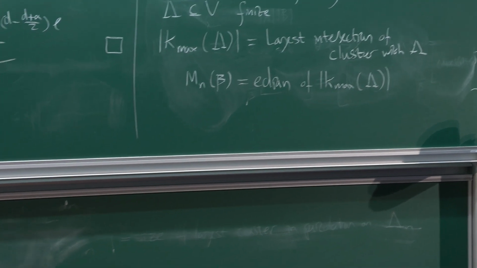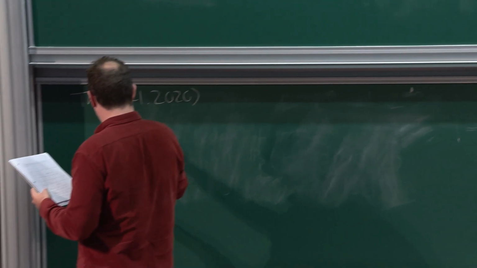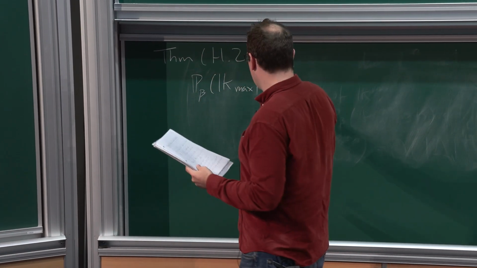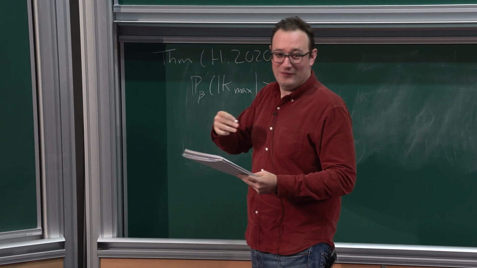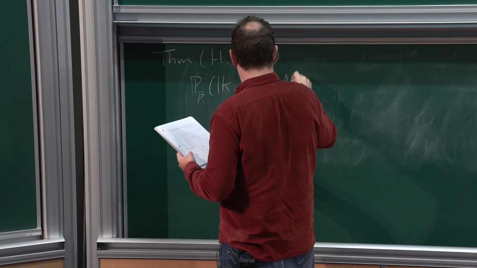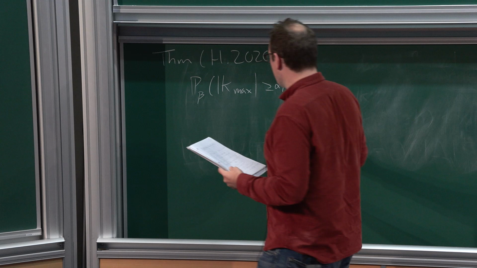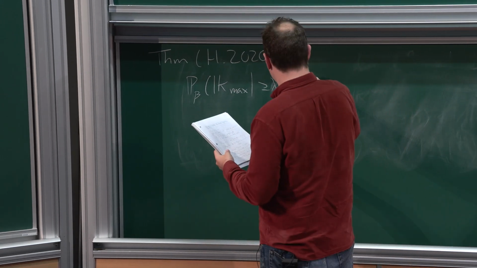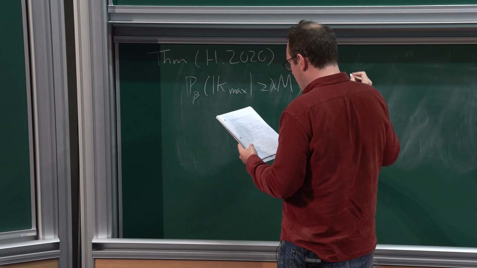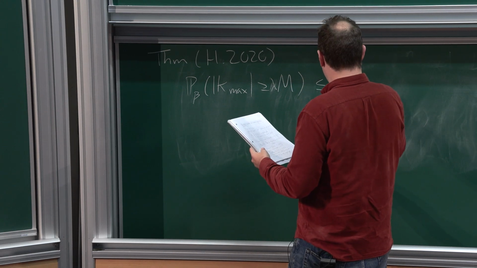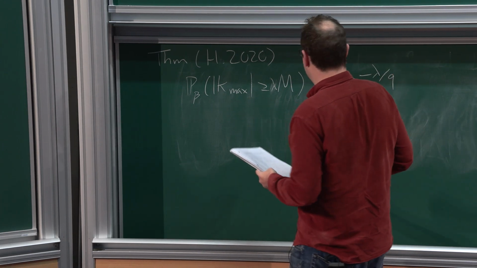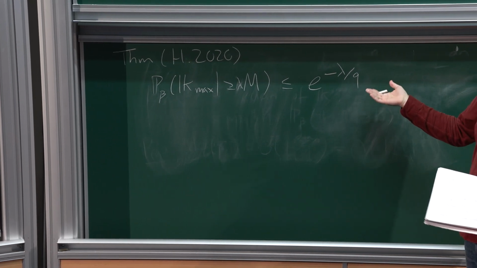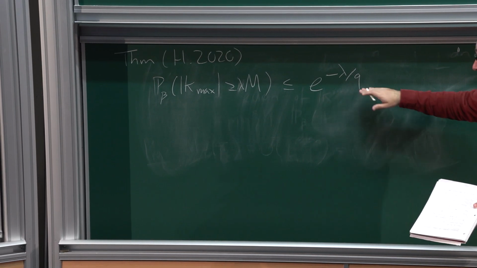So first of all, let's say you look at, and I'll just write k max rather than k max lambda, and I'll write m rather than m lambda just to keep it simple. Suppose I try to exceed this by some constant factor. This is always bounded by e to the minus lambda over 9. Okay, so the fact that this is 9 is inconsequential, but the point is it's a universal constant.